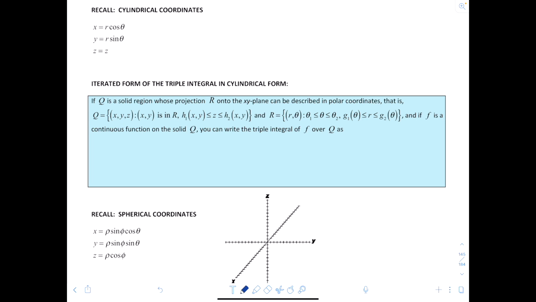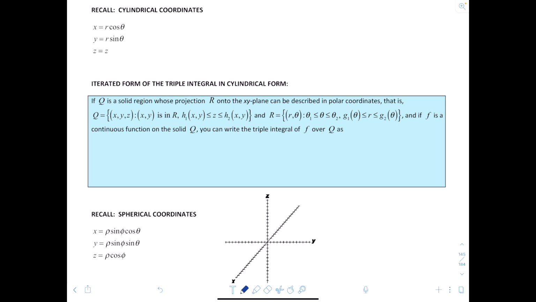R itself would be equal to r, theta. Now we're in polar coordinates where theta 1 is less than or equal to theta, which is less than or equal to theta 2. And then r is going to be bound by g1 at theta and g2 at theta inclusive.